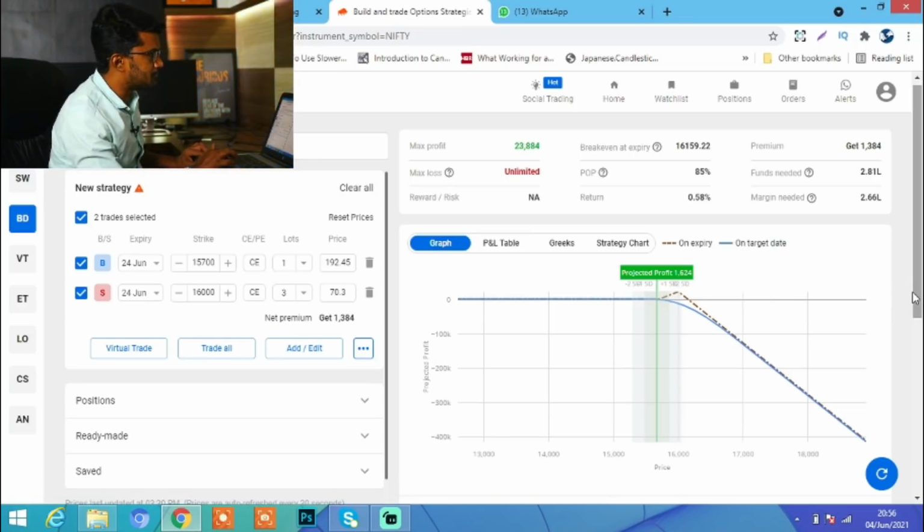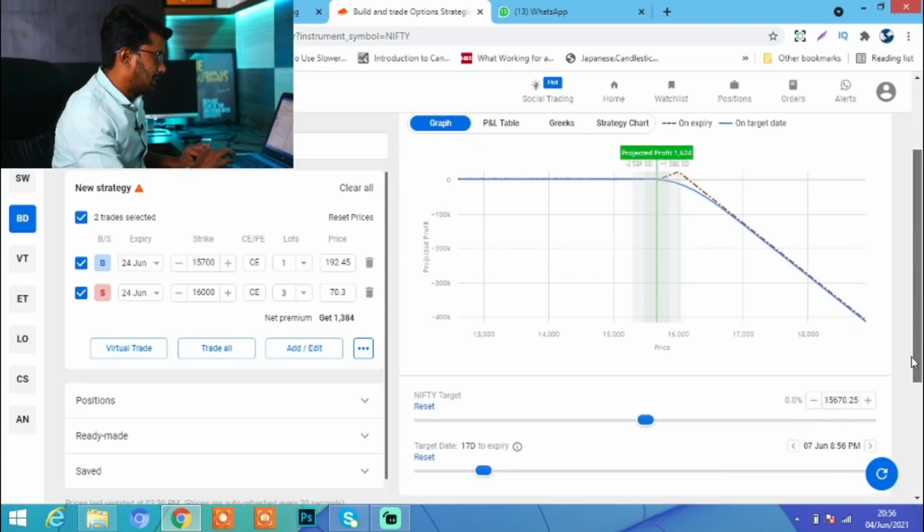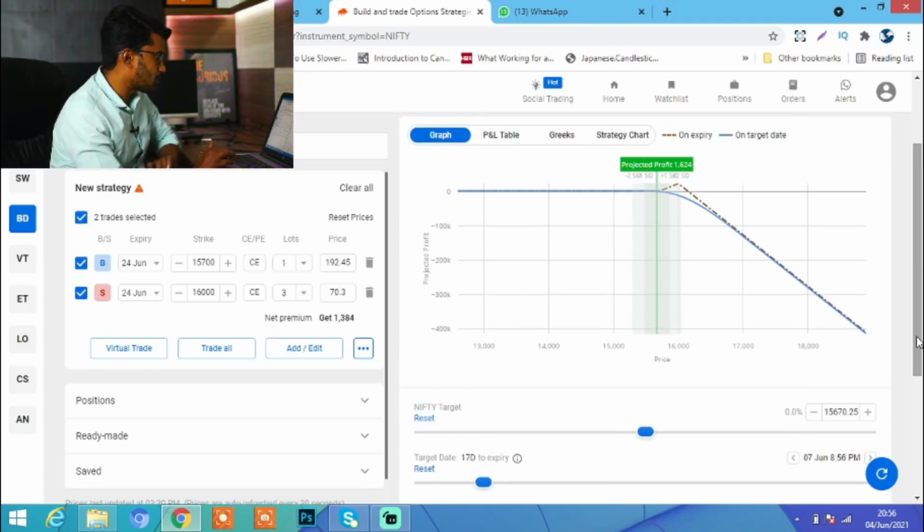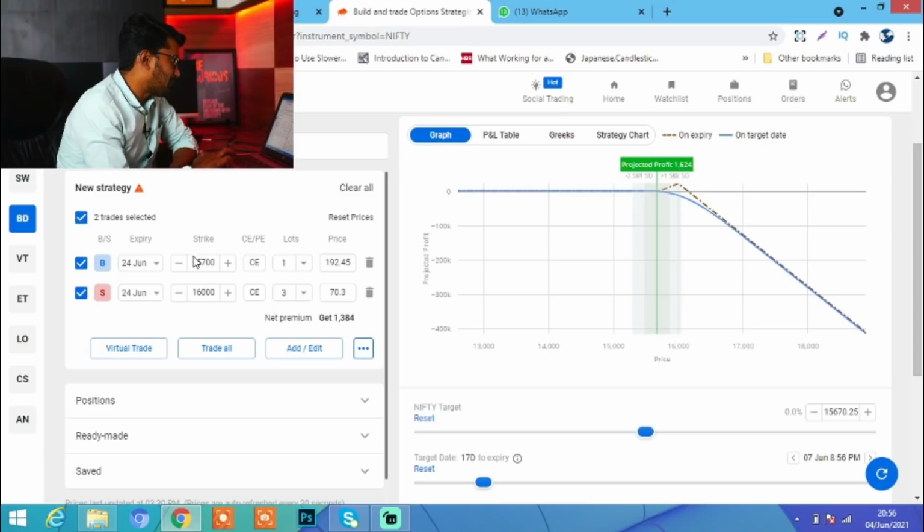Now what if the market goes beyond 16,000? Very simple. I will tell you. If the market goes beyond 16,000, the 15,700 call which you have bought is going to be in a good profit.